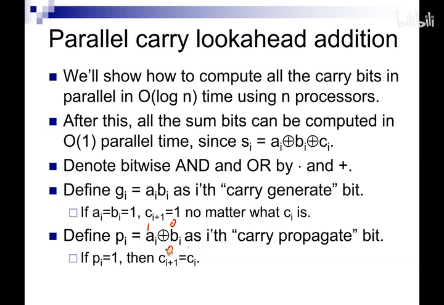If on the other hand we have a carry in the current bit, then we have 1 0 1, you add those together, and you are going to produce a carry on the next bit. Likewise, if this is 0 and this is 1, it's going to be the same thing. All right, so then we define these two things, the pi's and the gi's.